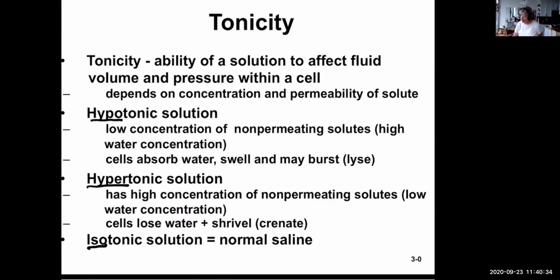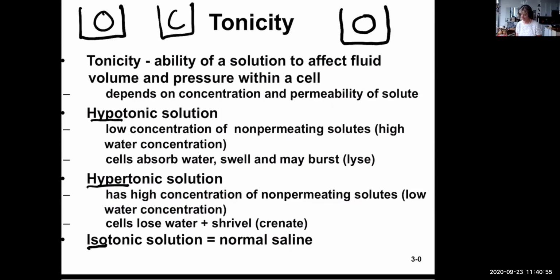So if I have, for example, a cell, I'm making it larger for demonstration purposes. But here's a cell in a beaker. I'll make 3 beakers. We'll call this beaker hypotonic, hyper, and iso.